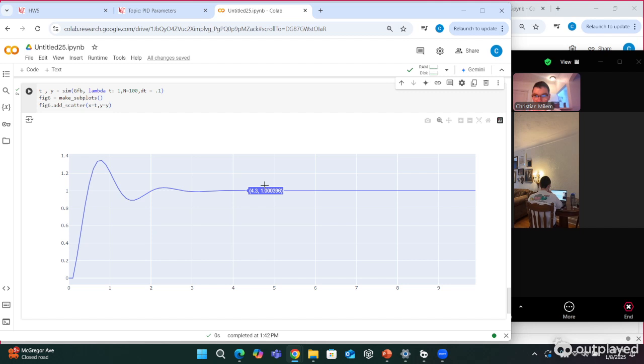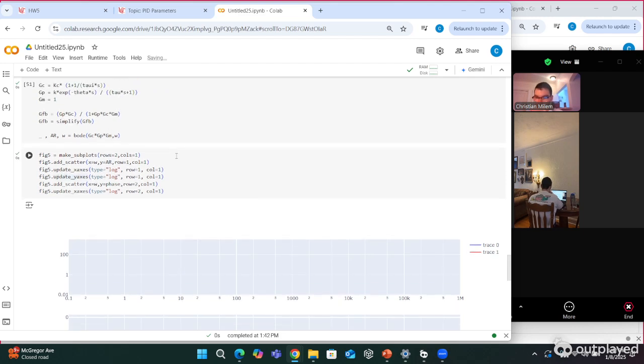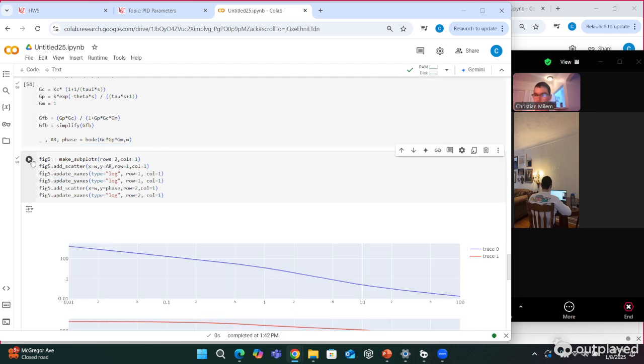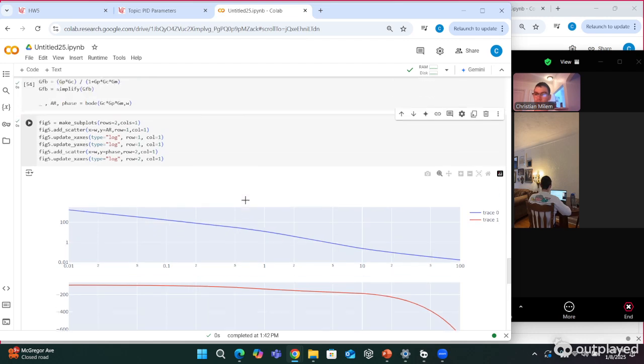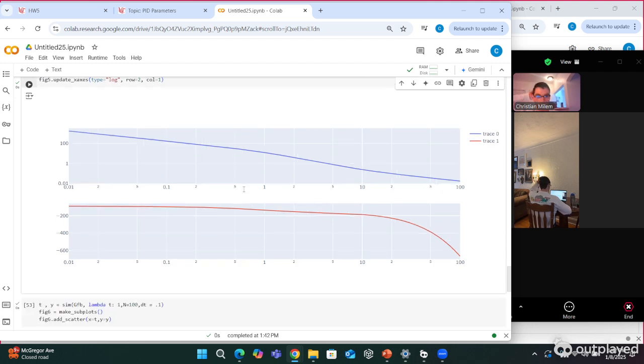Okay, so that's looking. Yeah, so we have a step change of 1. That's what we want. Why this is not behaving, I'm not entirely sure. Phase. Oh gosh, that's supposed to be phase. Okay, I don't know why having that messed up the other one.